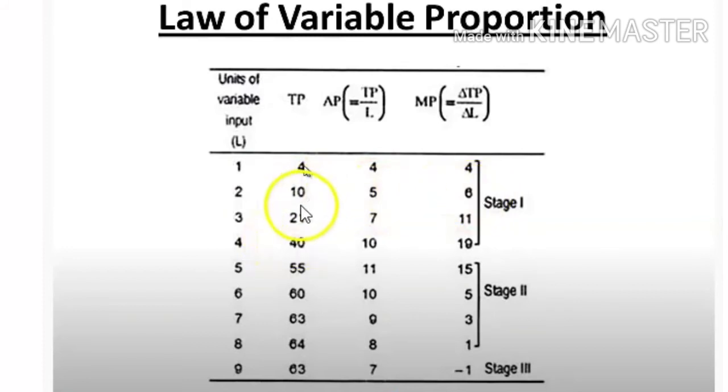Then 21 minus 10 is 11, divided by 1 is 11. Then 40 minus 21 is 19, divided by 1 is 19. Then 55 minus 40 divided by 1 is 15. Then 60 minus 55, 5 divided by 1 is 5. Then 63 minus 60 is 3, divided by 1 is 3.